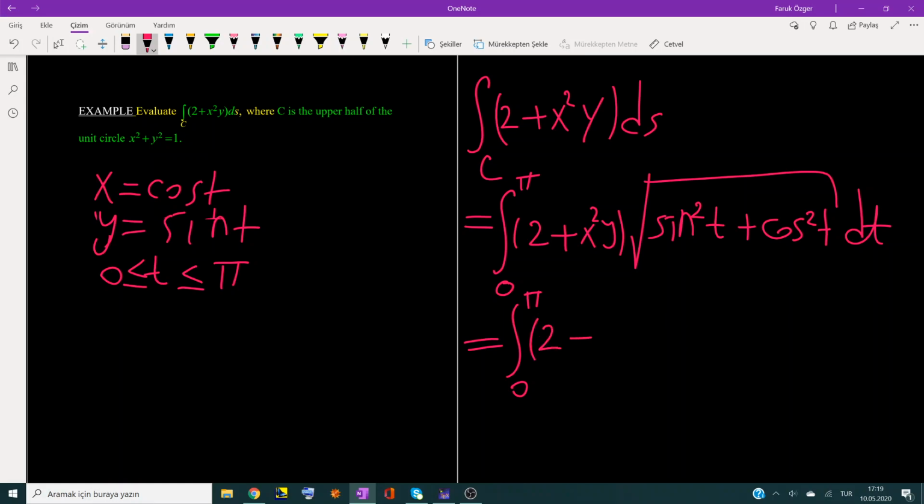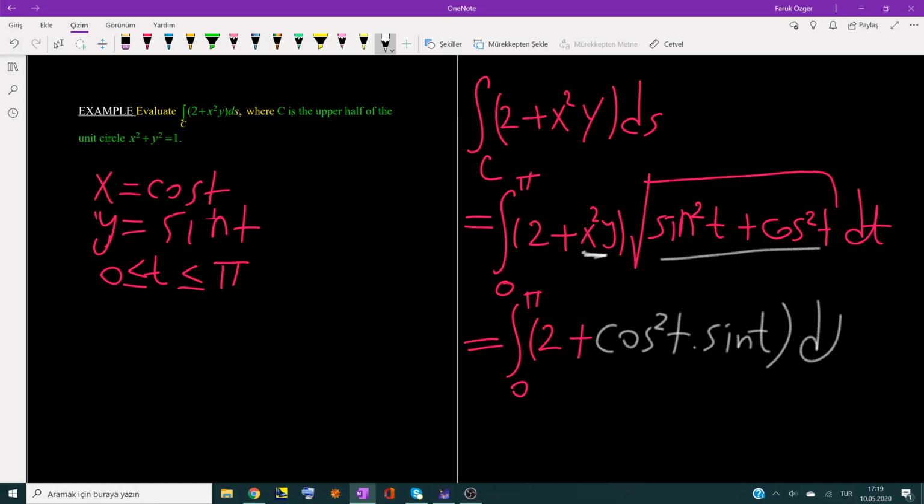2, instead of x and y here, we should write cosine square t times, instead of y we have sine t, close the parentheses. Then we know that sine square plus cosine square is 1.